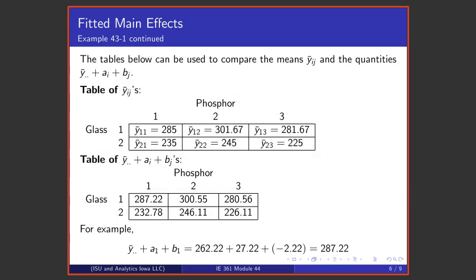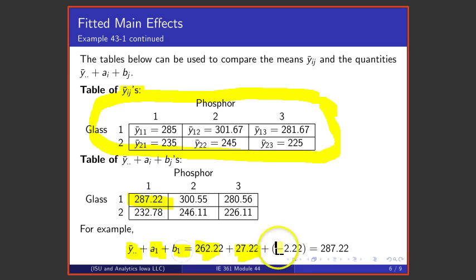You can see that if I give you again the table of y bars, and I also make a table of grand average plus A effect plus B effect. So for example, this number right here is grand average plus A number 1 plus B number 1, and the point is that I get back to something that's fairly close to 285. I get to 287.22.